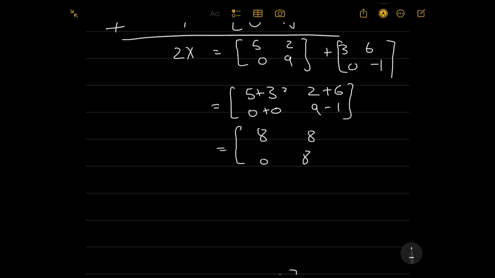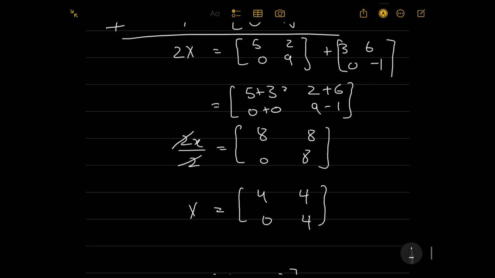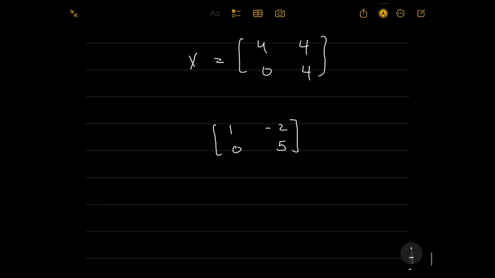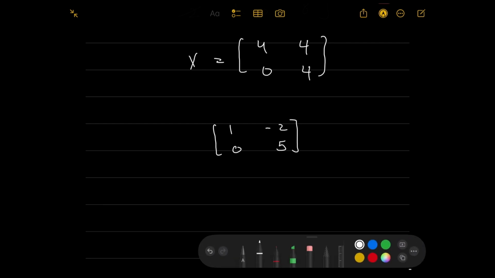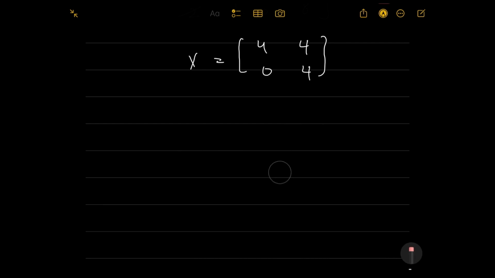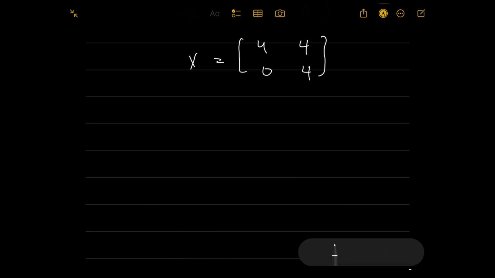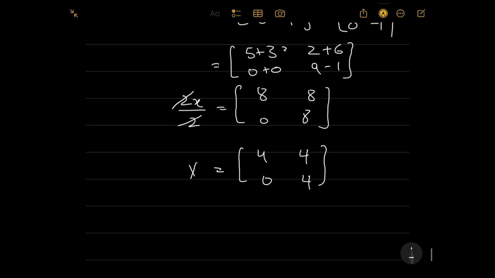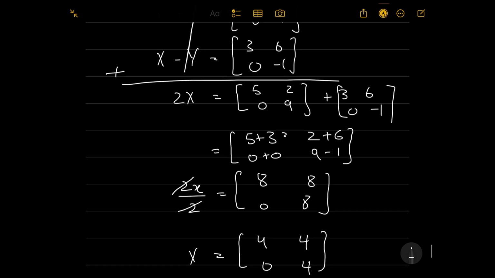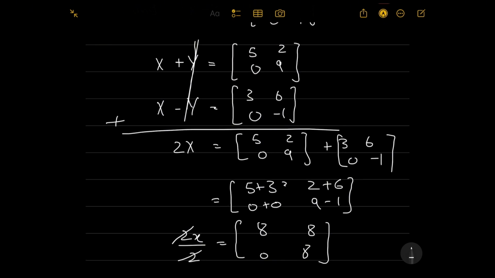So 8 8 0 8, and we have 2x here, so we divide it on both sides by 2, and we'd get x equals 4 4 0 4. So the value of x is this.